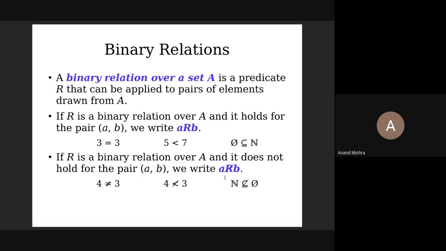For example, 4 is not equal to 3, 4 is not less than 3, and N is not a subset of 5. So this is either R or not R.